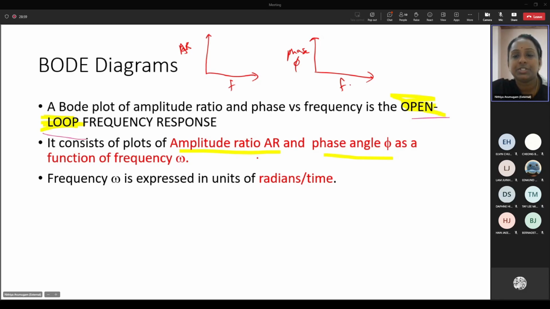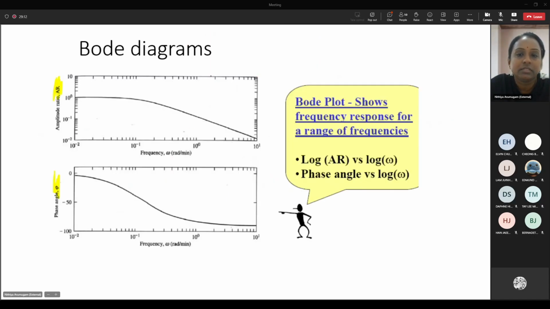We have amplitude ratio and phase angle, and the frequency here expressed in terms of radians and not radian over time and not frequency in hertz. Okay, so this is the two diagram. All right, the sample of two diagram. Now the Bode diagram basically.